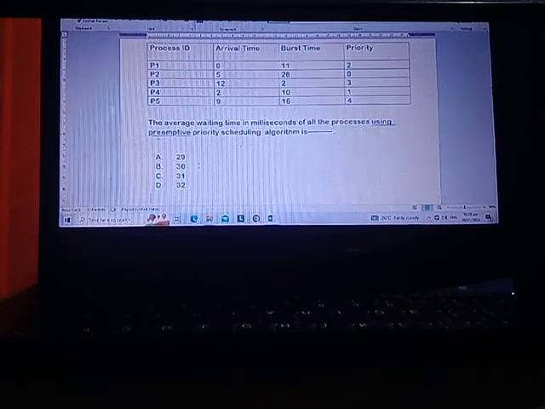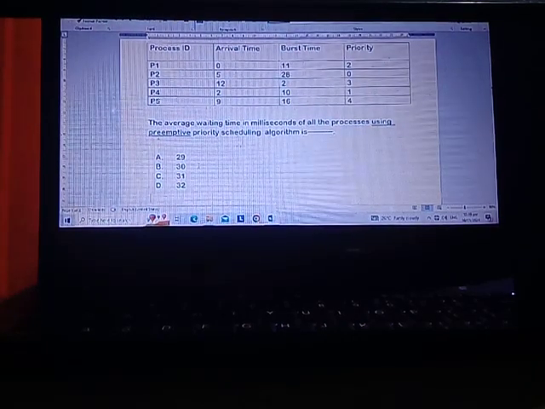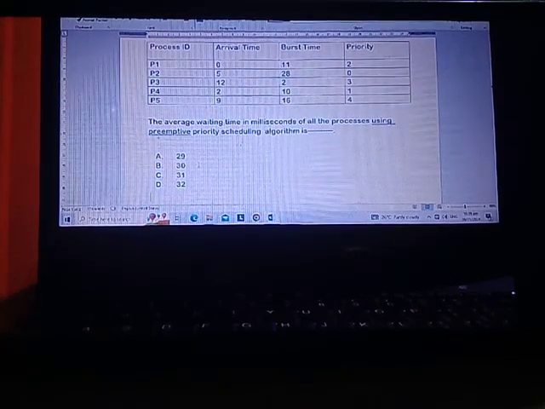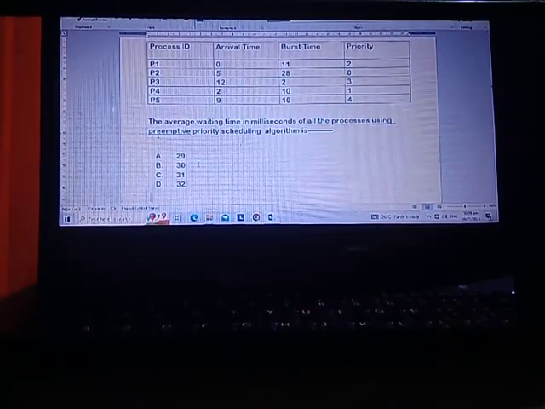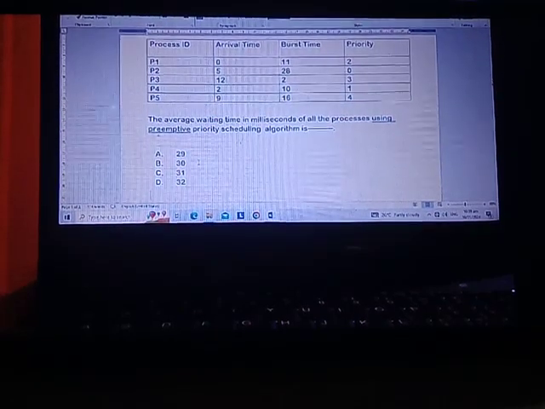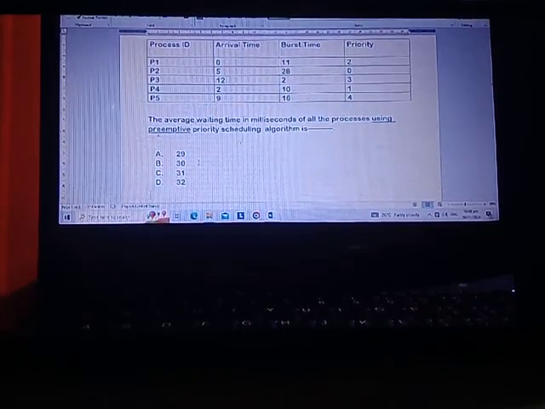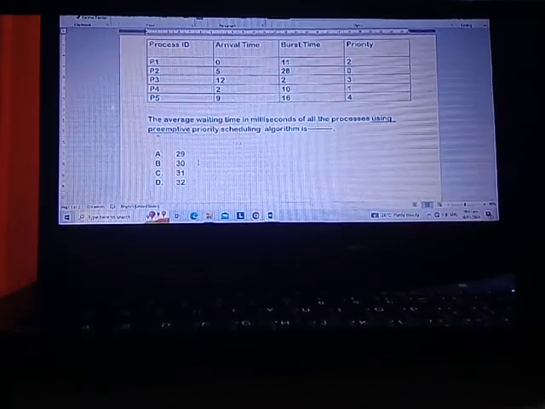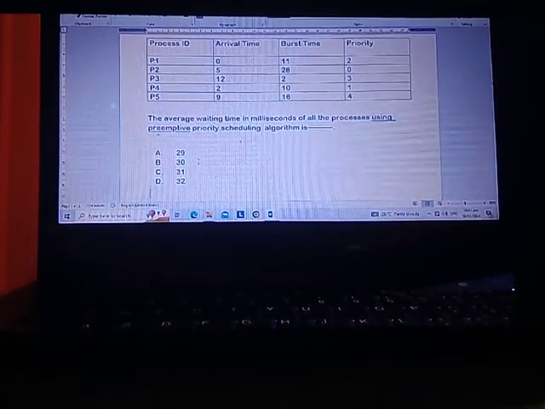Alright, now at 33 milliseconds, P2 will release the CPU, and let's see what are the next processes that we have and who is going to get the CPU. Now if we look here, let's just cross out P2 because P2 has completed its execution.